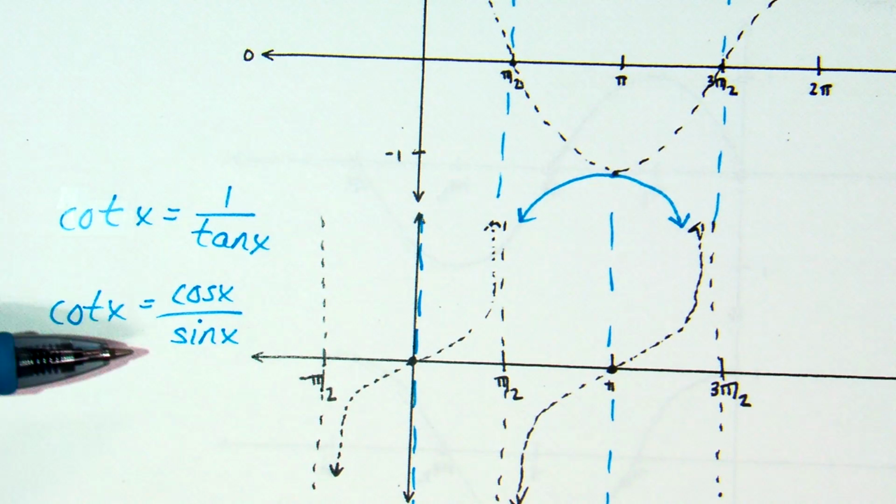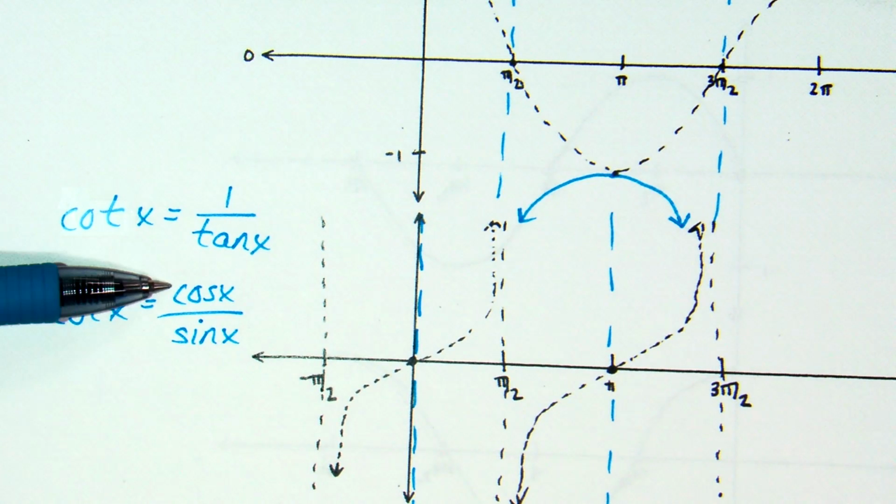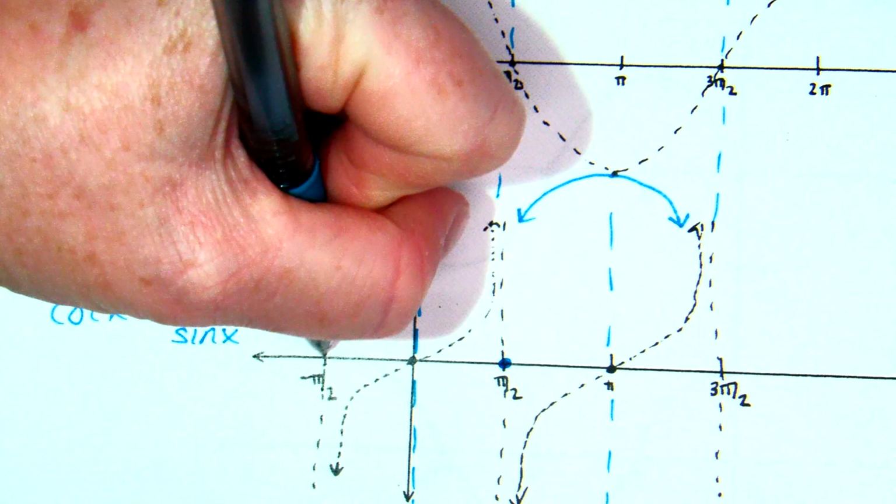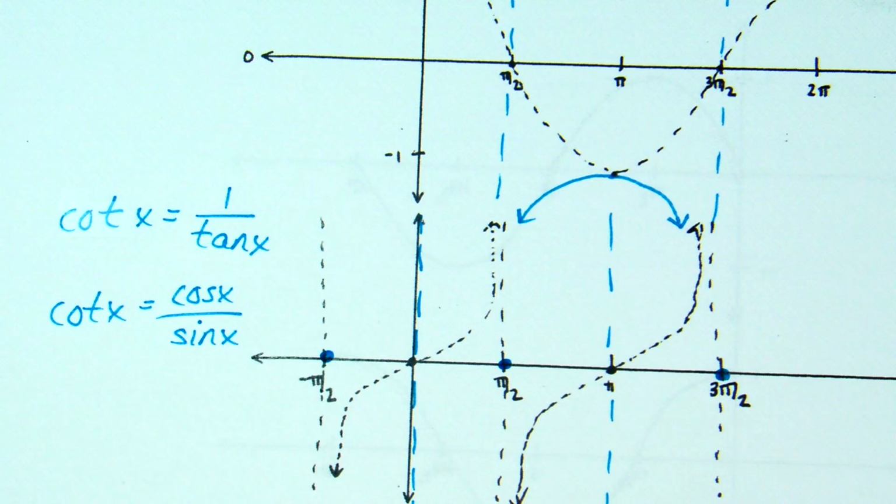Notice the zeros of sine, because when sine would equal 0, these are asymptotes now. Cosine is going to provide your actual zeros. The zeros of cosine are the zeros of cotangent. Where are these zeros? They are halfway in between, right? So what were your asymptotes are now your zeros.